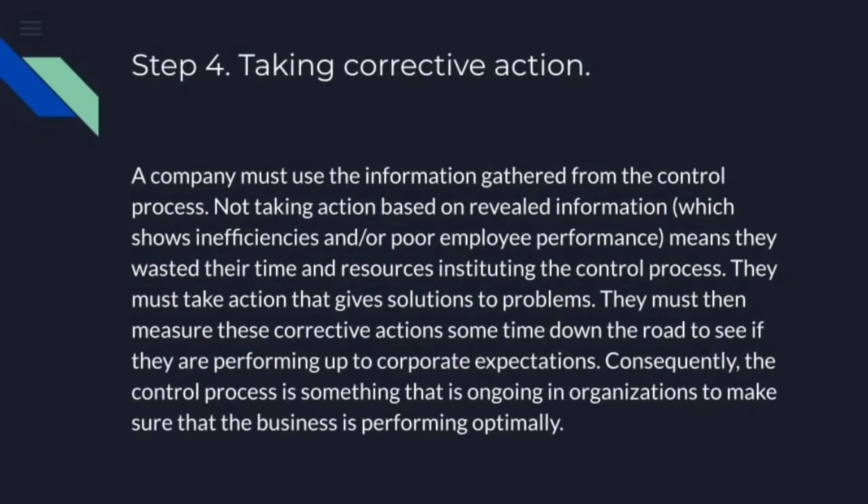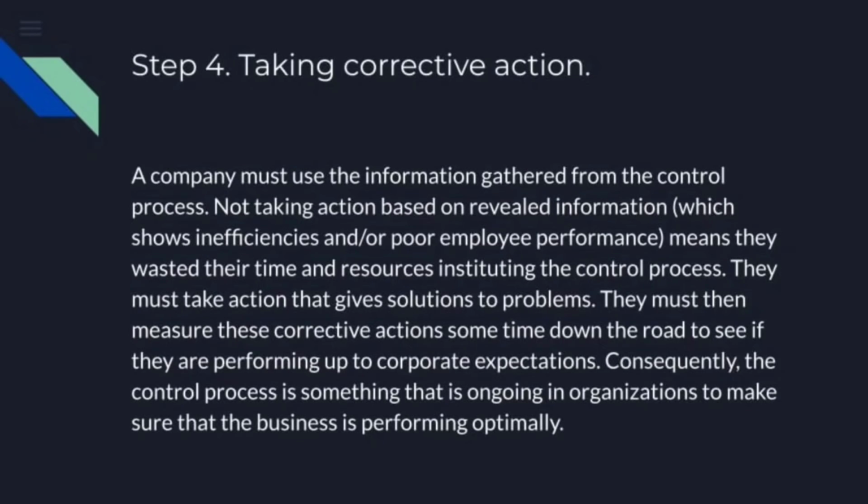Step 4. Taking corrective action. A company must use the information gathered from the control process. Not taking action based on revealed information means they wasted their time and resources instituting the control process. They must take action that gives solutions to problems.